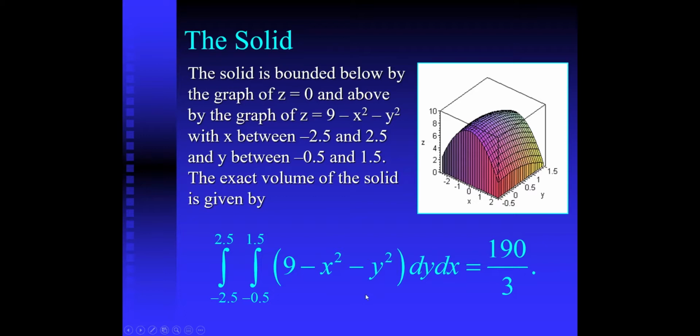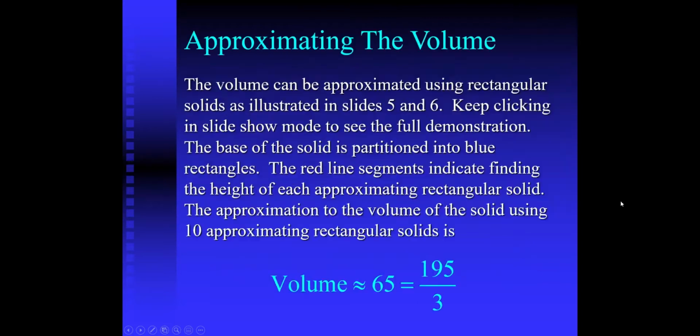But how do we come up with that? How do we figure out that the iterated double integral will give you the volume of the solid? You can approximate, as I said, using approximating rectangles. Ten of them gives you 195 divided by 3, a little overestimate of the actual volume, which is 190 divided by 3 exactly.